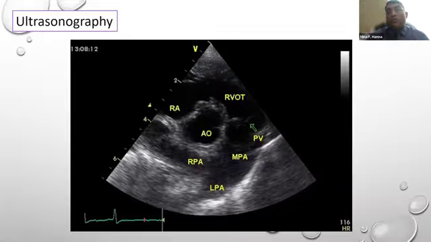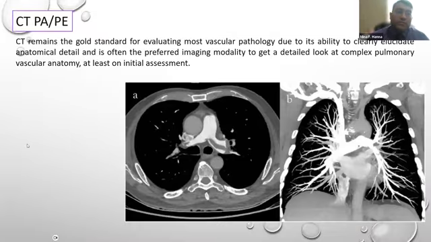Then we start to look for why it is dilated. Is there a parenchymal reason? Is there a vascular reason? If there is something like a chronic pulmonary embolism, we start to do CT to figure it out. CT pulmonary angiography, or CTPE, remains the gold standard for evaluating most vascular pathology due to its ability to clearly elucidate anatomical detail.